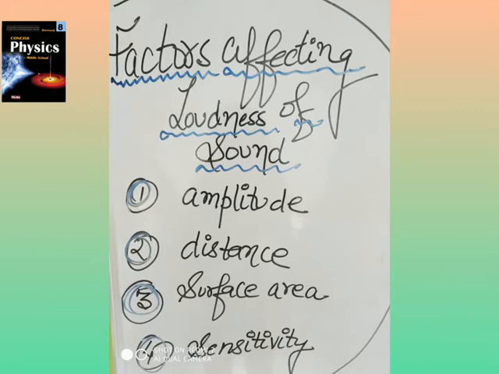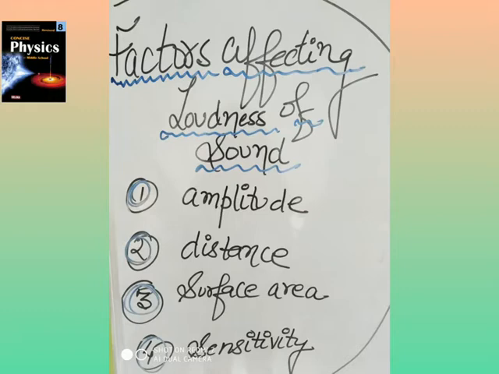Now, number 1 is amplitude. When a body vibrates with greater amplitude, it sends forth a greater amount of energy. Next is distance. If the listener is close to the source of sound, he hears it quite louder. But if he is far away, the sound becomes feeble. Number 3, surface area.